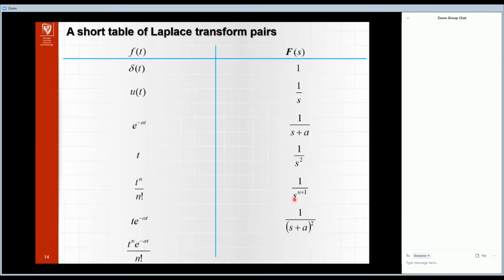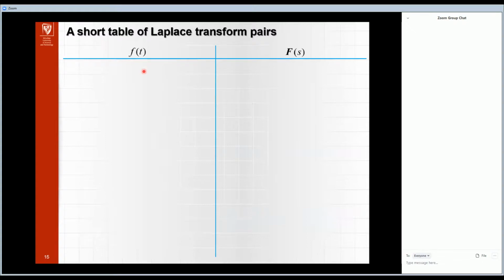Here, without this factor, we have just s to the n plus 1, and in this case we have the same result, but with s plus a in the denominator.